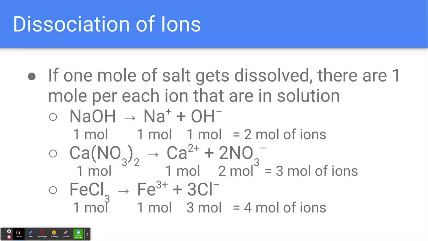If you dissolve calcium nitrate into solution, you're going to get 1 mole of calcium ions and 2 moles of nitrate ions, NO3. And then if we take iron 3 chloride and dissolve it in water, 1 mole of that will turn into 1 mole of iron 3 plus and 3 moles of chloride. So we get 4 total moles of ions.